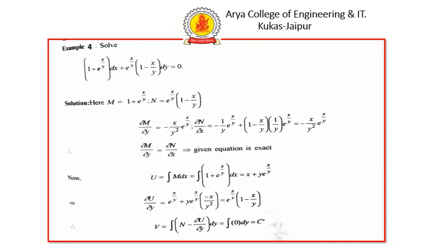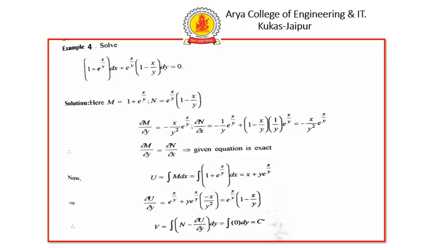Next example. The given differential equation is in the form of M dx plus N dy equals 0. We first calculate del M upon del y and del N upon del x. Here del M upon del y equals del N upon del x, so the equation is exact. To solve it, we first calculate u, which is equal to integral of M dx keeping y as constant.